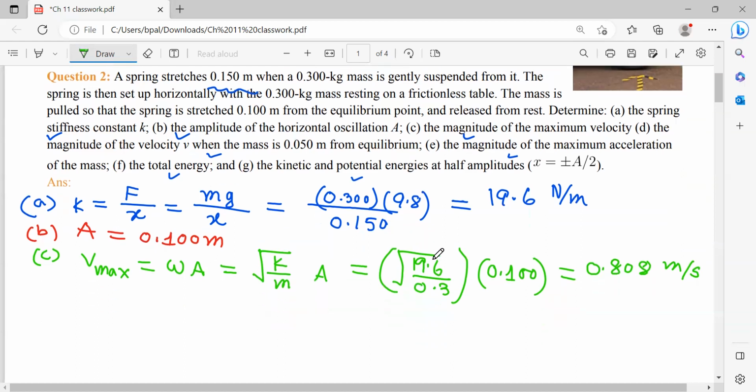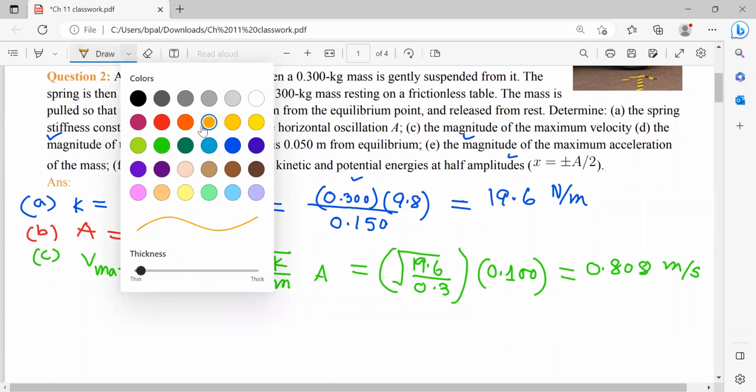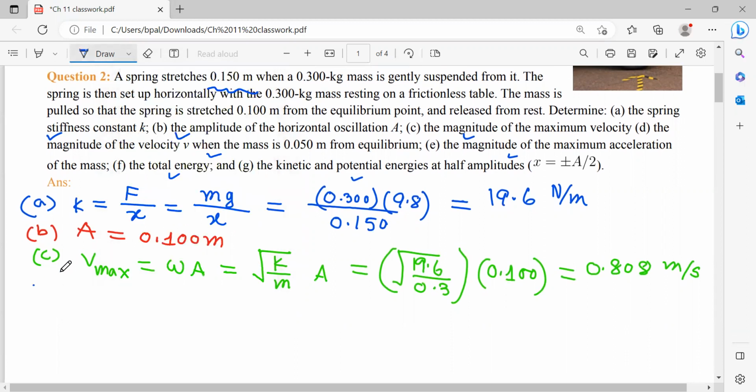The next one, number D, is the velocity v.